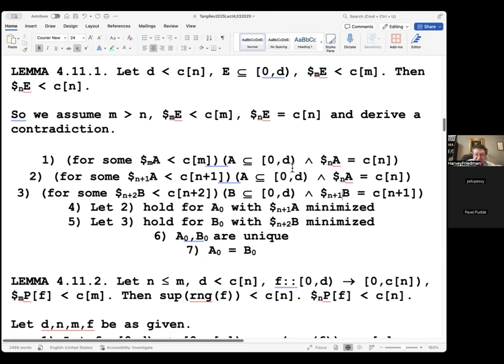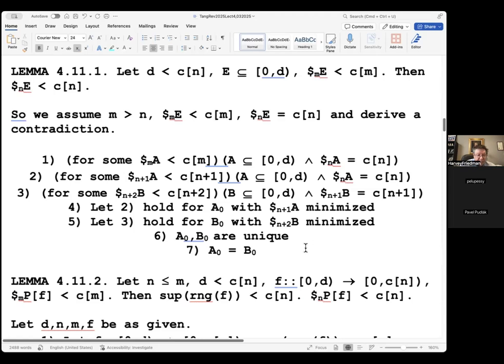So the indiscernibility kicks in, see, with parameters that are small. And you can't have A naught equals B naught here, that's not possible, because we get different values here.